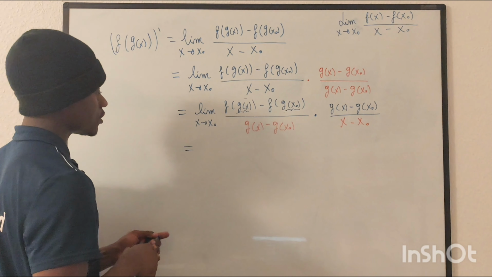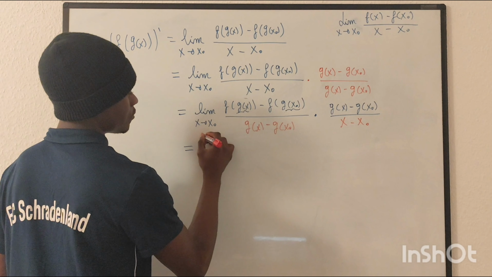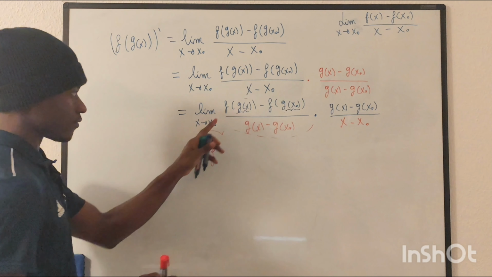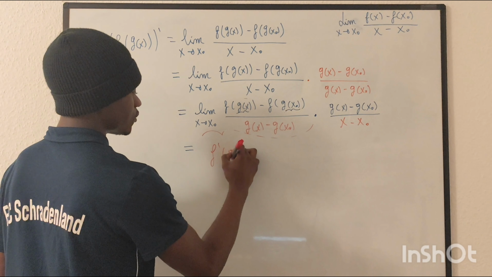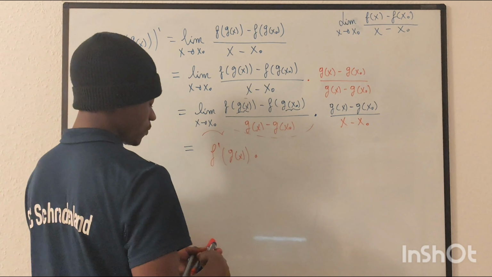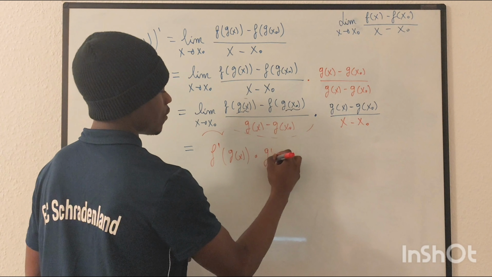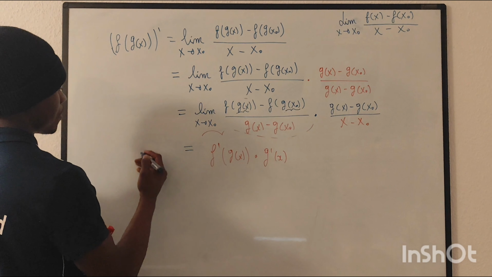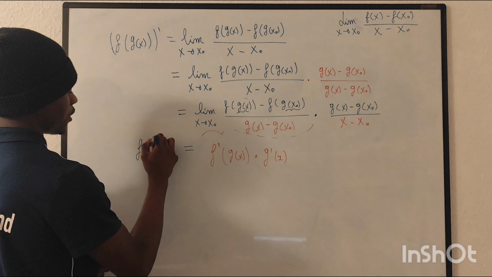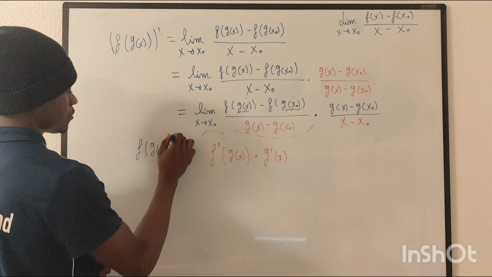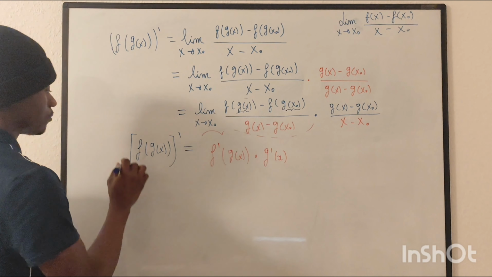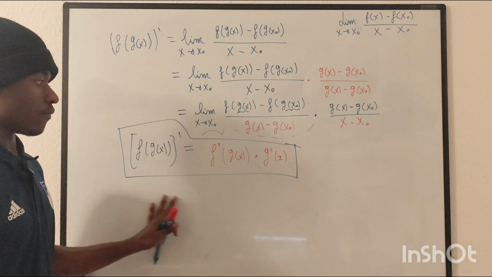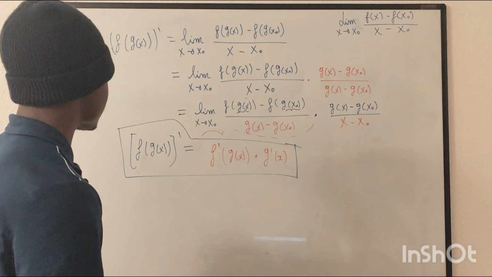That is exactly equal to the derivative of f, but as argument I have g(x), multiplied by the derivative of g. Then I have the final expression, f of g(x) prime. So that is my formula of the derivative of a chain expression.